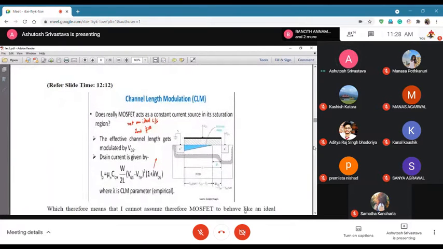So though Intel is one of the co-founders on the basis of which the scaling has been happening since the very conceptualization of the IC industry, that is, every 18 to 24 months the number of transistors per unit area gets doubled because of the scaling down of your transistors.